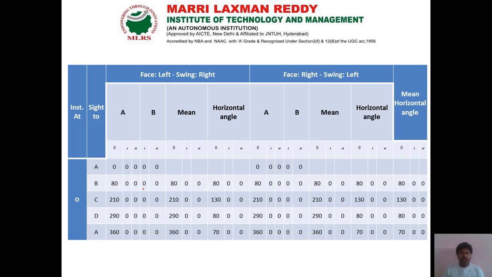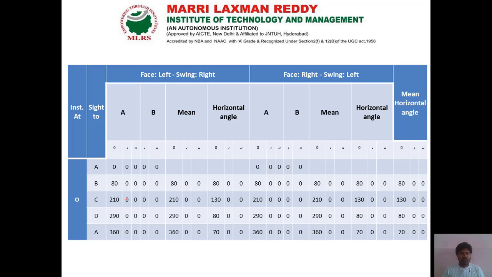Vernier B is also 0 minutes and 00 seconds, so the mean angle, the average between these two verniers, becomes 80 degree, 0 minutes and 00 seconds.